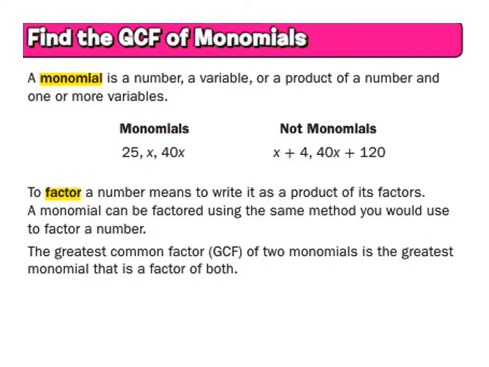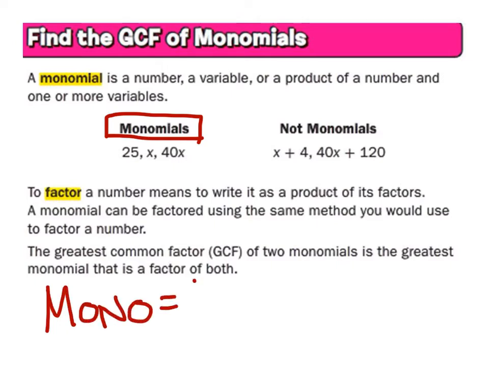These are really nice, fancy terms that we use in math to confuse people, right? Like monomials. Some of you may know from English or science that mono is 1, the number 1.